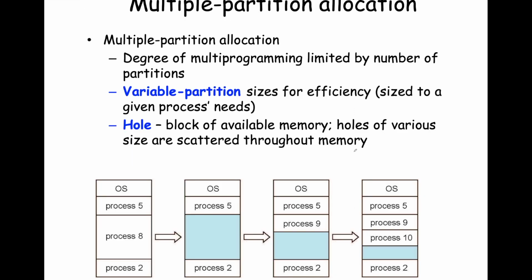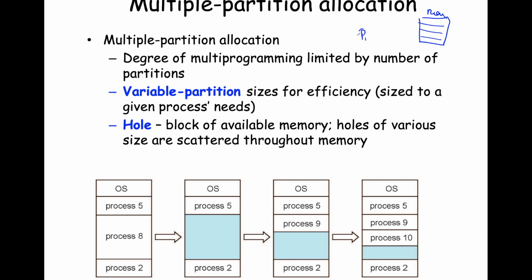Okay, and so one of the key developments in how main memory is used was to have multiple partitions that are allocated. And in doing so, the degree of multi-programming is now only limited by the number of partitions. So you have your piece of memory, your main memory. I just kind of draw it in here. And you cut it up into a bunch of partitions.